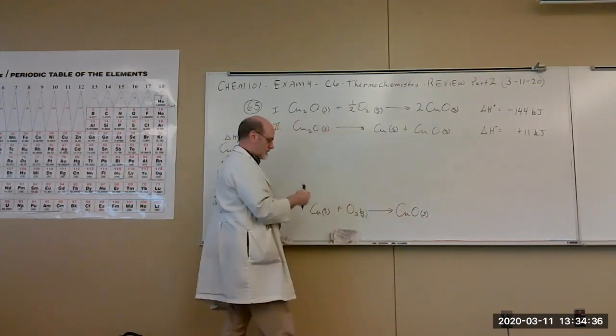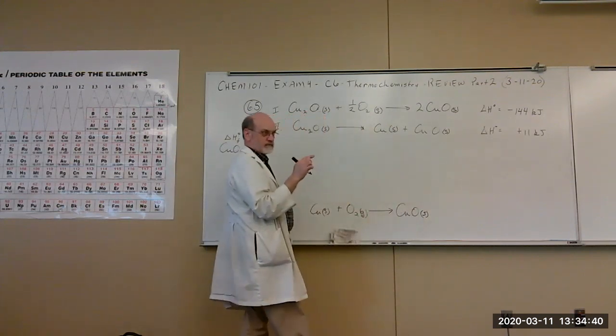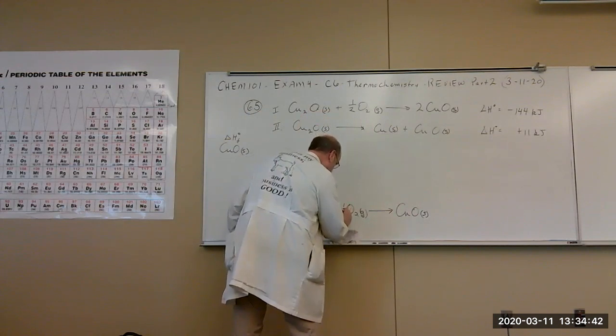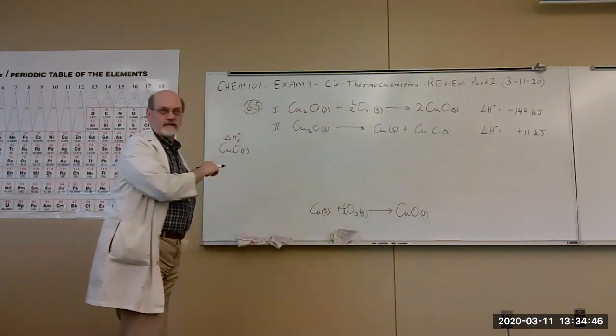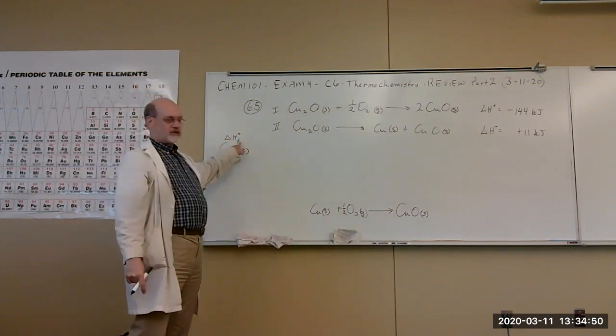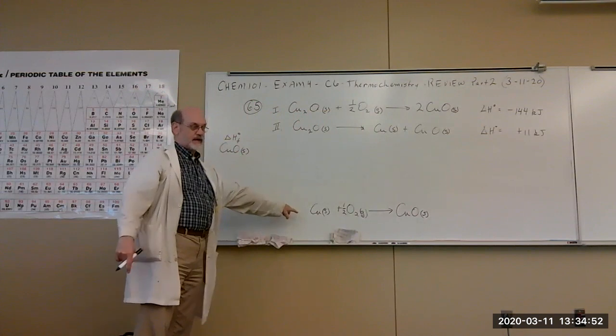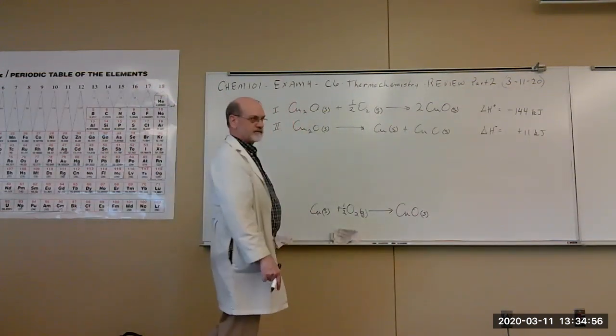We're good. Oxygen. We only need 1 oxygen. Right? So we put in 1/2. That's the target for our heat of formation, that equation. Right? So we need to rearrange these to give us that.